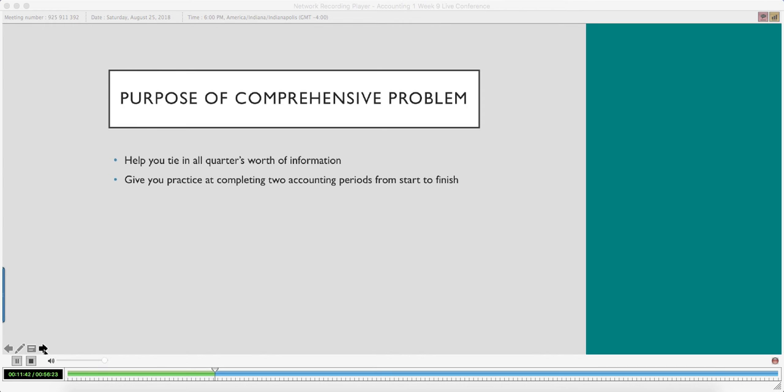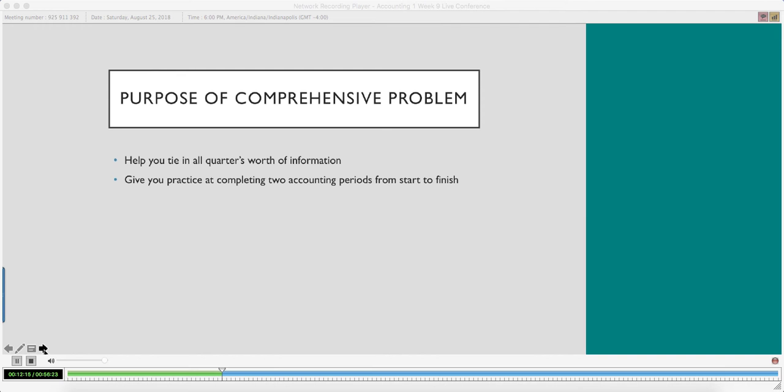You're then going to have to adjust the accounts at the end of the month, close the temporary accounts, create the financial statements, and do the post-closing trial balance. Use the amounts from the post-closing trial balance to start May's comprehensive, and then complete the entire process all over again. So it's unlike anything we have done so far in this quarter.